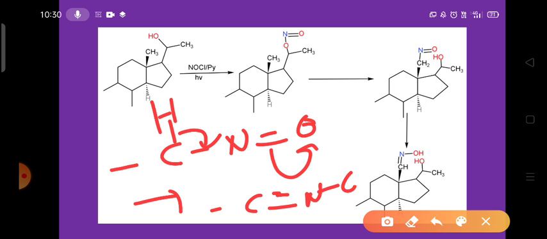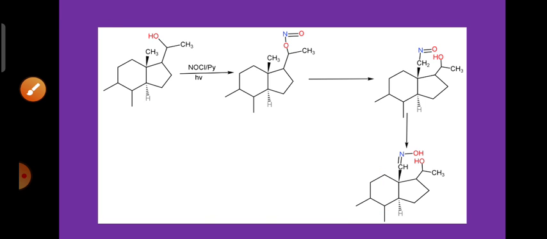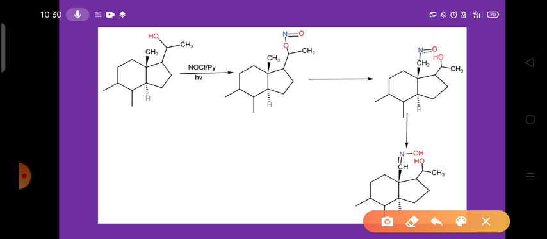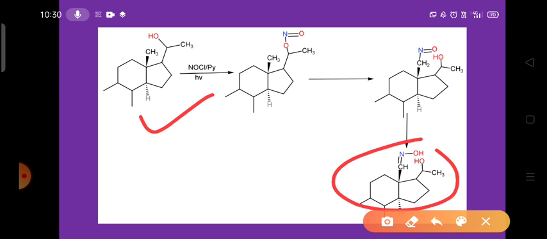Look here, hydrogen is shifted from this carbon to this atom. So shifting of such groups is known as tautomerism. So the nitroso group undergoes tautomerism and forms the oxime. This is an example of tautomerism. So this is the product in this reaction.